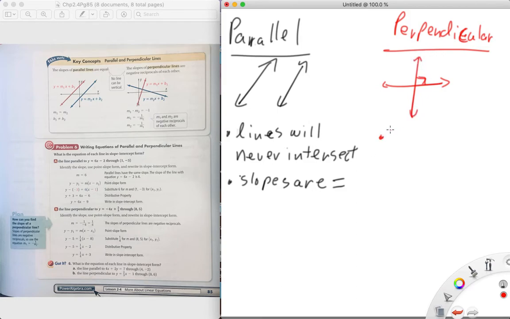So lines intersect to form 90-degree angles. Okay. Their slopes are negative reciprocals.